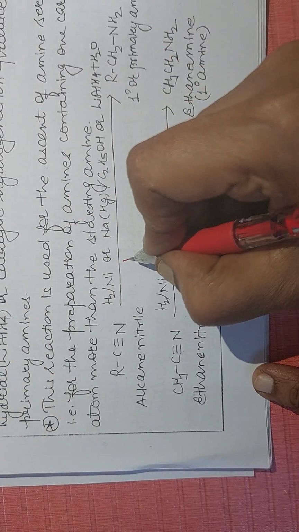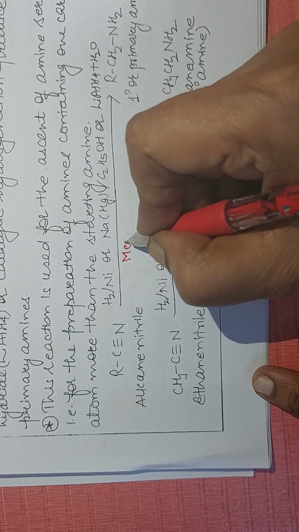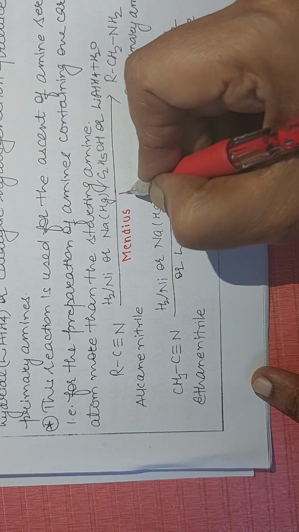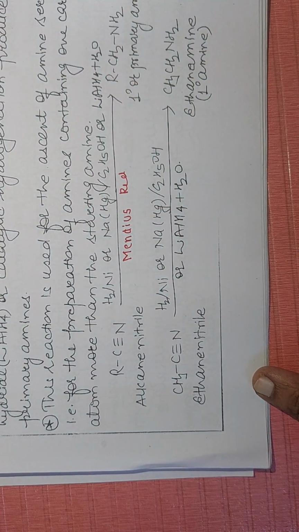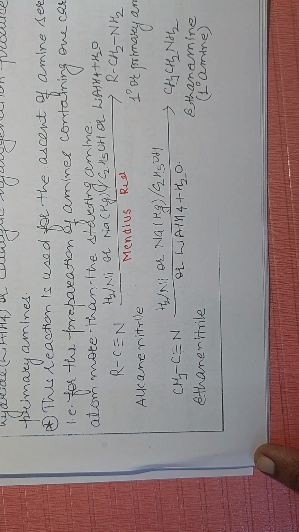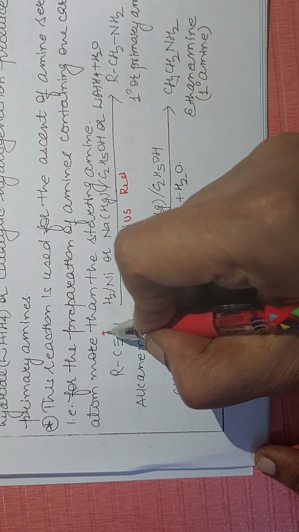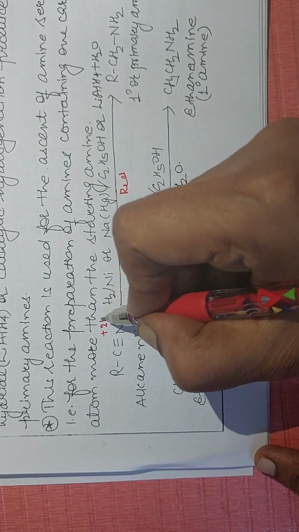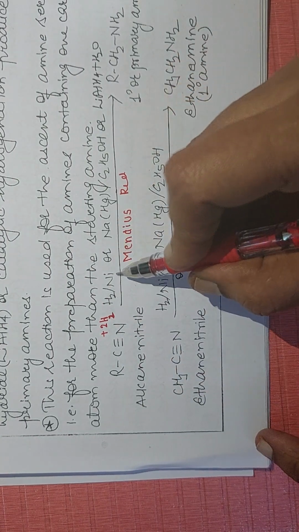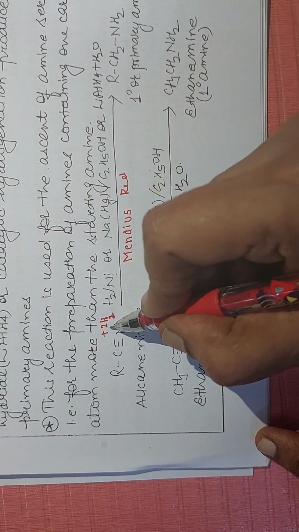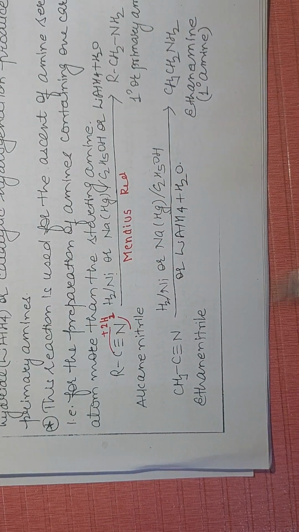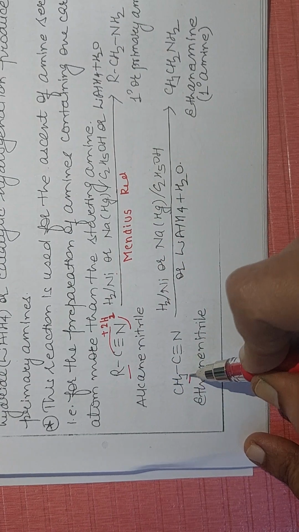It is also known as Mendius reduction. Fourth method, reduction. Reduction is carried out either in the presence of hydrogen, add two hydrogens, two hydrogen molecules, in the presence of nickel. One hydrogen molecule to carbon, another to nitrogen, we will get primary amine. R is replaced by CH3.